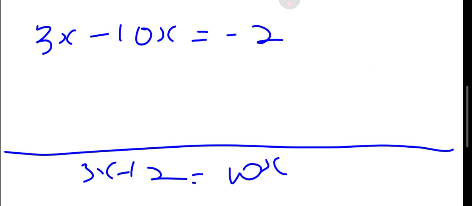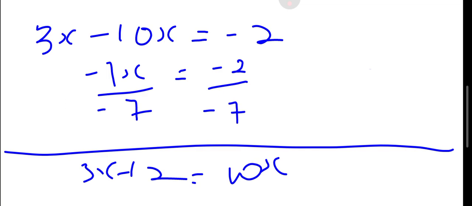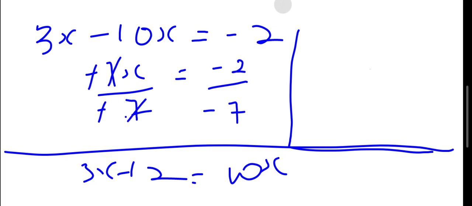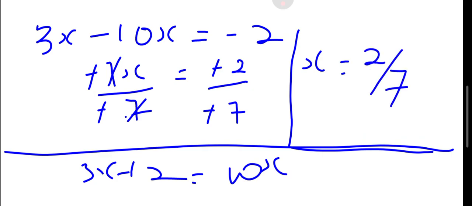Right, so 3x minus 10x will give us minus 7x, which is equal to minus what? 2. So we divide both sides by the coefficient of x, which is negative 7. Negative 7. And then we are going to have 7 cancels 7, negative cancels negative. So this negative will cancel this, and we have x is equal to 2 over 7, which is the same answer as we got before.